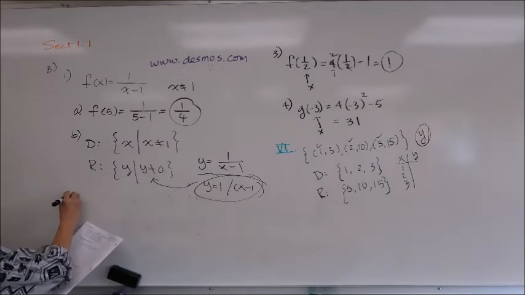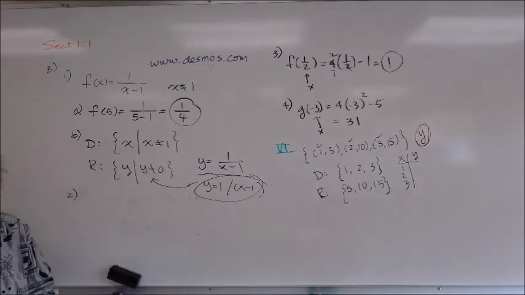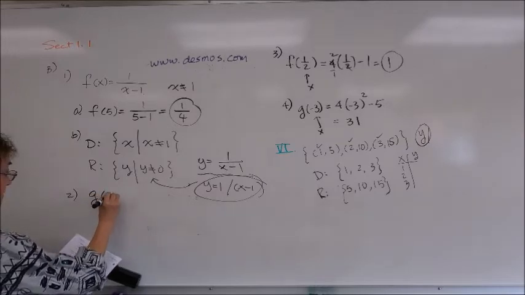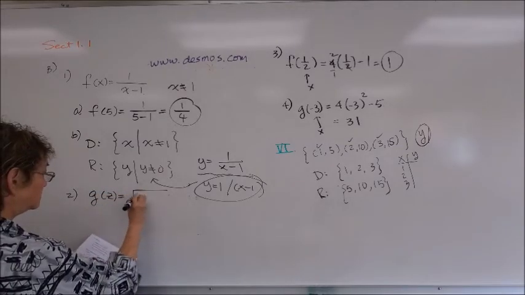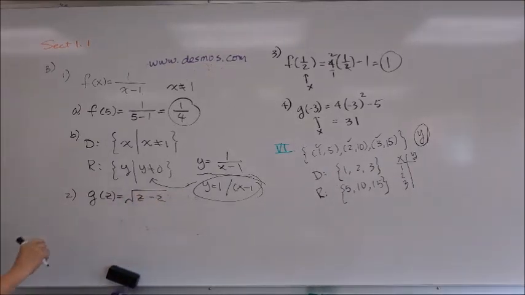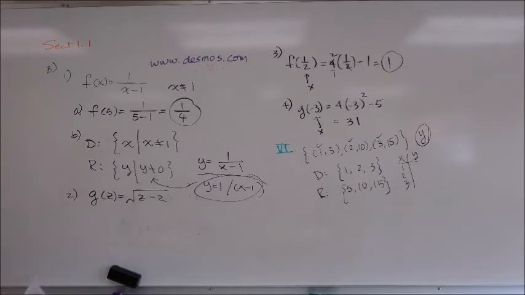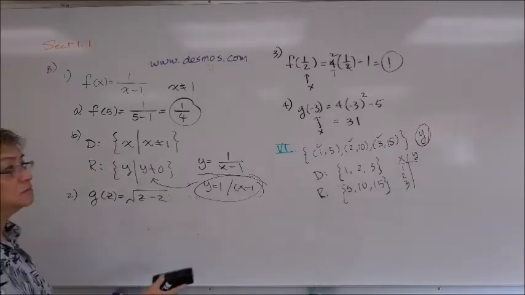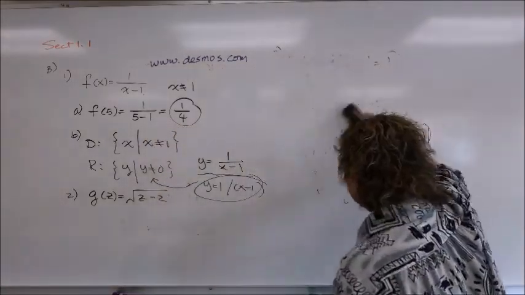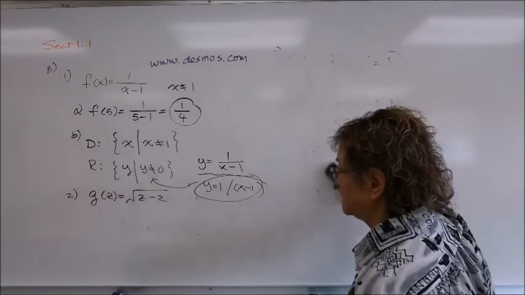So for the second one, I say this is my function. You have two things: you have to learn what is a fraction, what is a radical, and you have a restriction, right? What kind of restriction do you have on radicals? We say inside of an even root, okay?